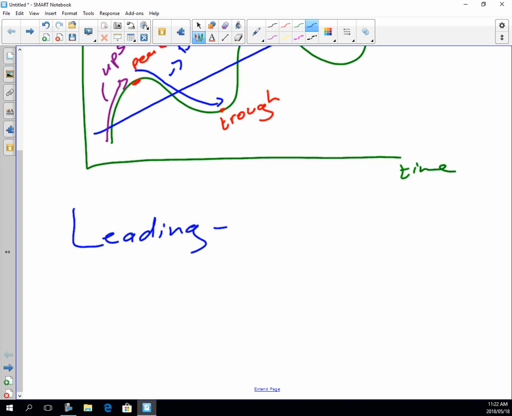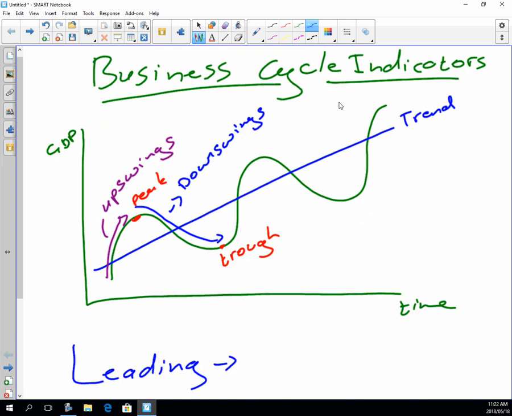Now, a leading indicator occurs before or precedes the business cycle. So, for example, if we had to draw the leading indicator in this picture, our leading indicator would look something like this.